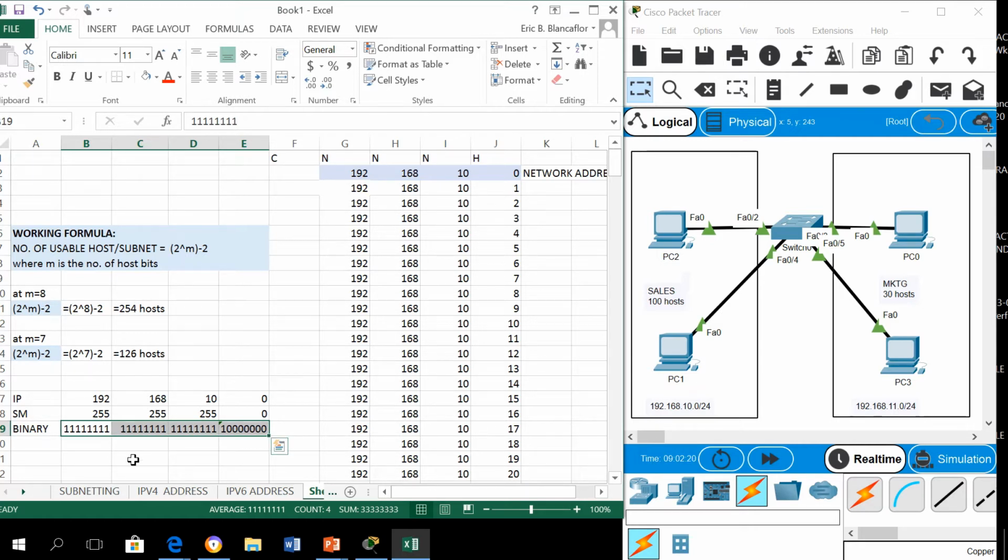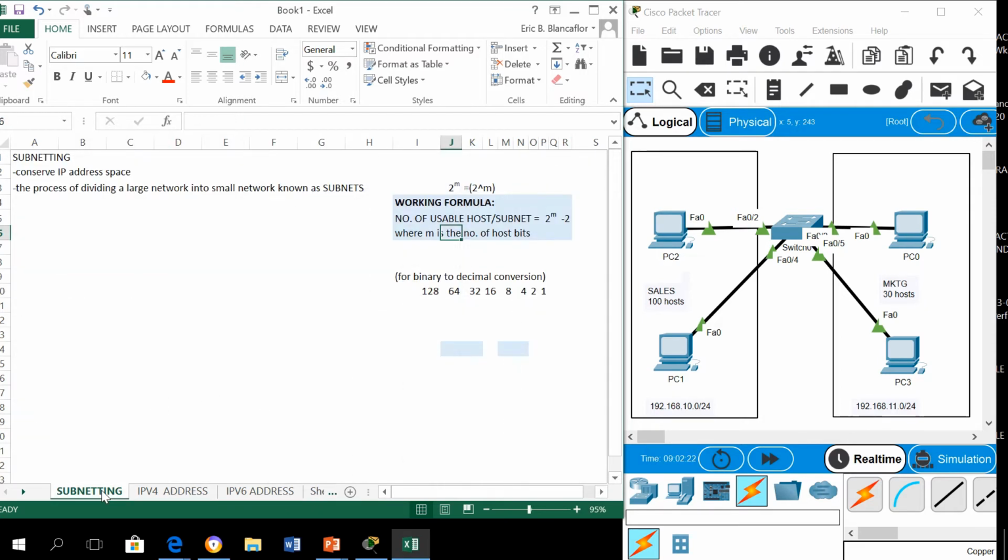So expected in subnetting, the subnet mask varies. By definition, again, we divide a large network into small networks known as subnets, and the process involved in creating subnets is borrowing bits from the host part.